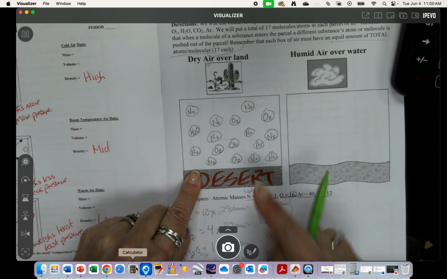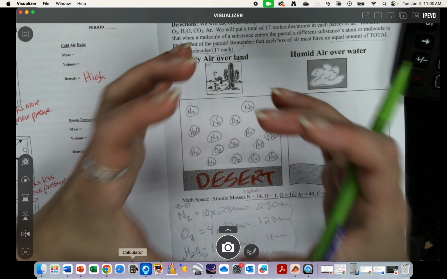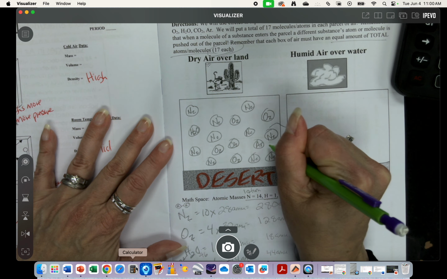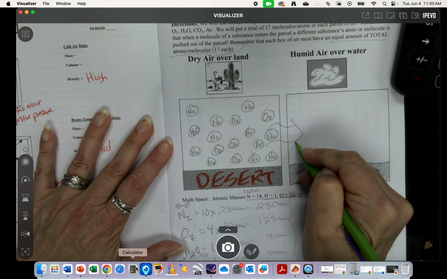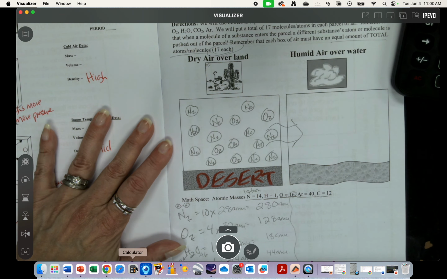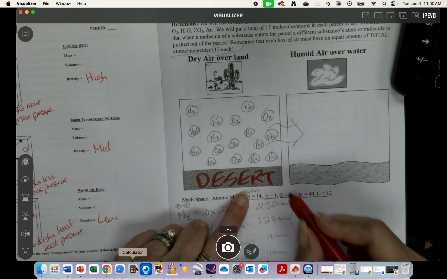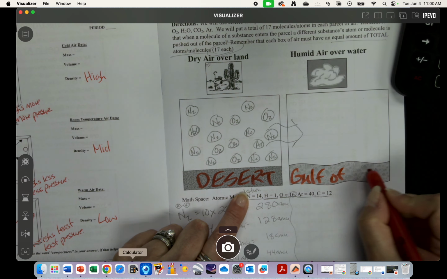Now let's say this is the desert of Mexico, and this dry air over the desert of Mexico is going to move over water. Where would dry air over the desert of Mexico move to? How about the Gulf of Mexico?